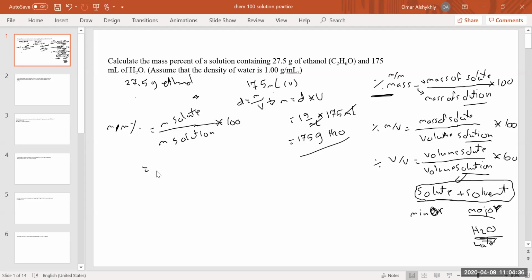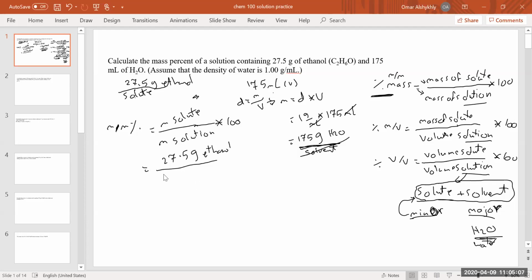So here the mass of solute will be 27.5 gram ethanol, because it's the minor, so it will be the solute. Look here, we have 27.5 gram and 175 gram water. Which one is the major? The water. So water will be solvent. And ethanol, the minor, will be solute.